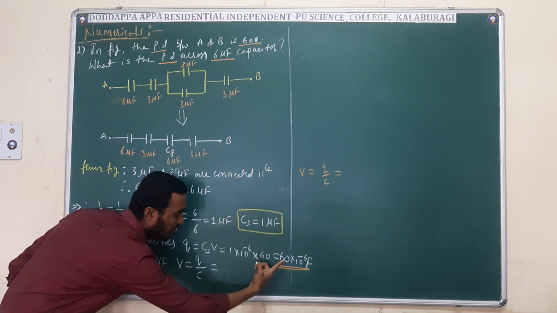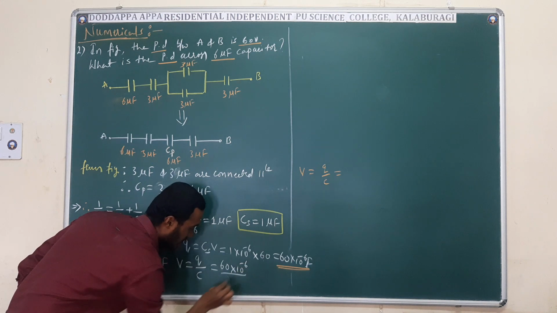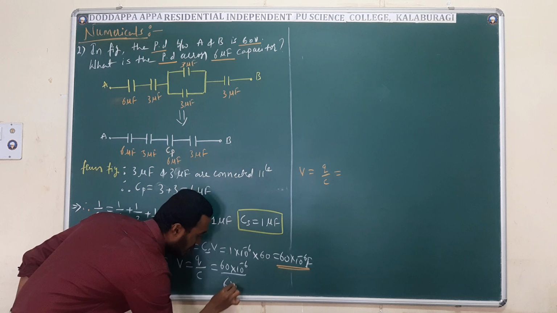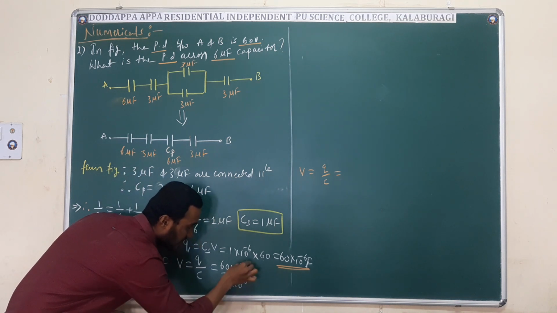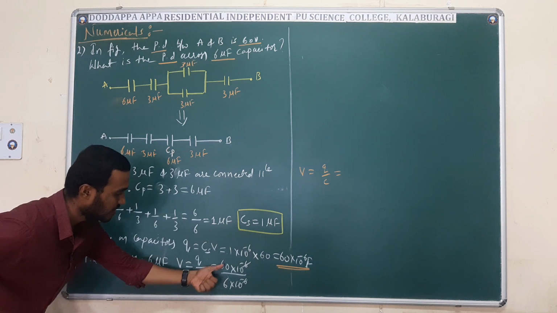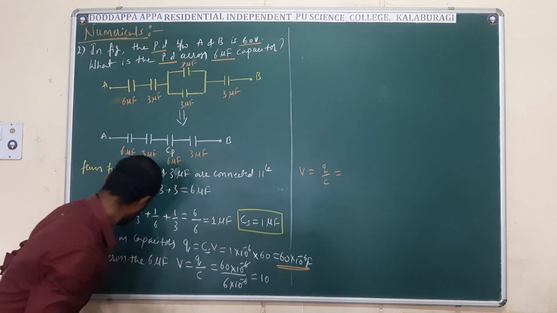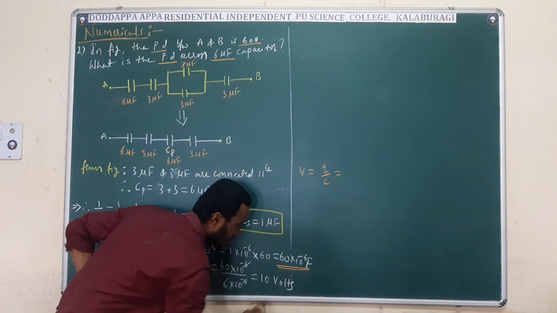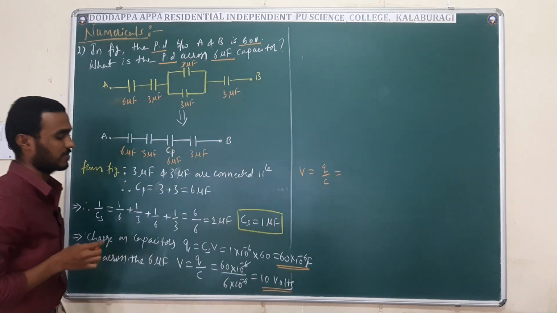The charge is 60 into 10 to the power minus 6 divided by 6 into 10 to the power minus 6. This cancels here, so our answer is 10 volts. This is our potential difference.